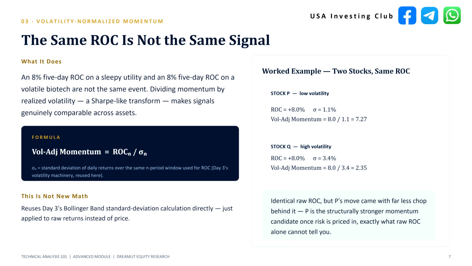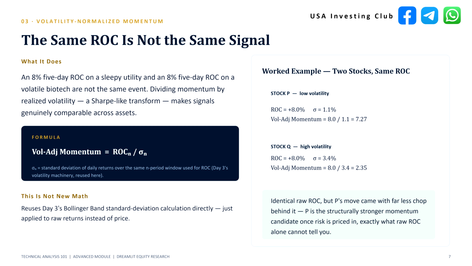Let's walk 2 stocks with an identical raw ROC. Stock P, low volatility. ROC equals plus 8%, sigma equals 1.1%. Volatility-adjusted momentum equals 8.0 divided by 1.1, which is 7.27. Stock Q, high volatility. ROC also equals plus 8%, but sigma equals 3.4%.